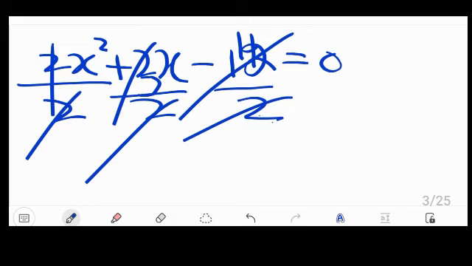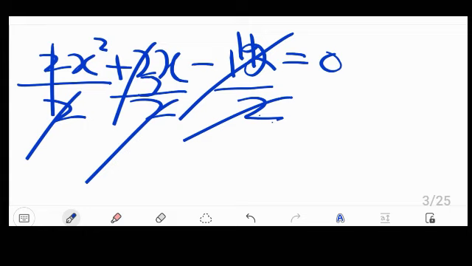Always try to make it a whole number, not a fraction, because a fraction will make a problem. If you make a fraction in any term, the first, the second, or even the third, it will make a problem. It has a solution, but it will be quite difficult to work out what two numbers should be multiplied and what two numbers should be added in order to make the arrangement.